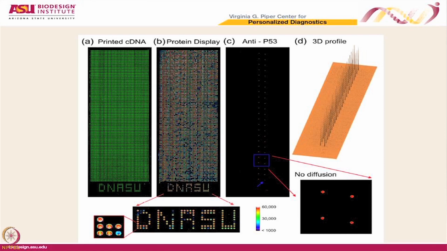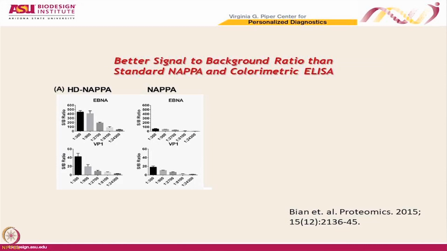Okay, one of the added benefits of this approach that we did not appreciate when we first developed it is that it turns out to be more sensitive than standard NAPA. So we did some comparisons, and we looked at this antigen VP1, and we're doing different dilutions of antibody to ask what's the detection limit on the array platform. This is standard NAPA, and then this is HD NAPA.